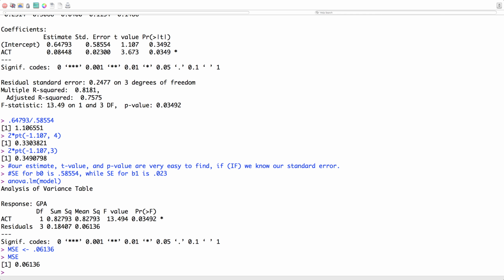All right. So back to what we did before, we know that the variance covariance matrix for the standard errors of our beta 0, beta 1 can be found by taking the mean square error times, now we don't have to do the percent sign times here because the mean square error is not a matrix.